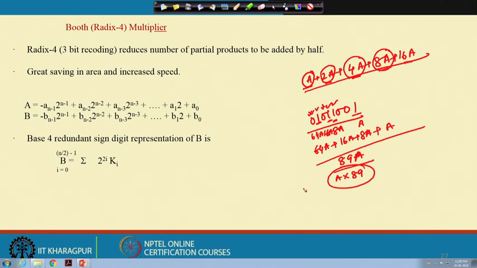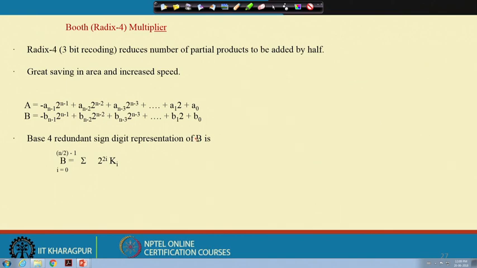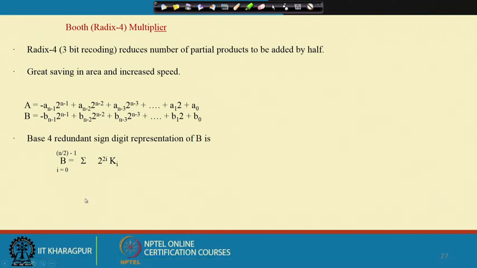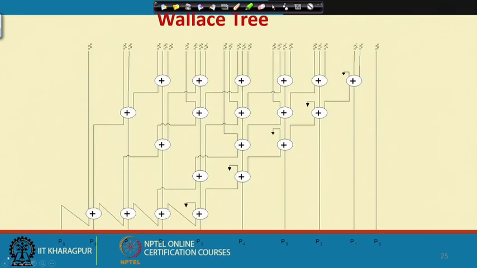But in Booth's multiplier, what is the problem in this array multiplication is that we are considering each of these bit positions. Okay. So, if I just go back here, each of these bit positions we are considering to find out the corresponding partial product.